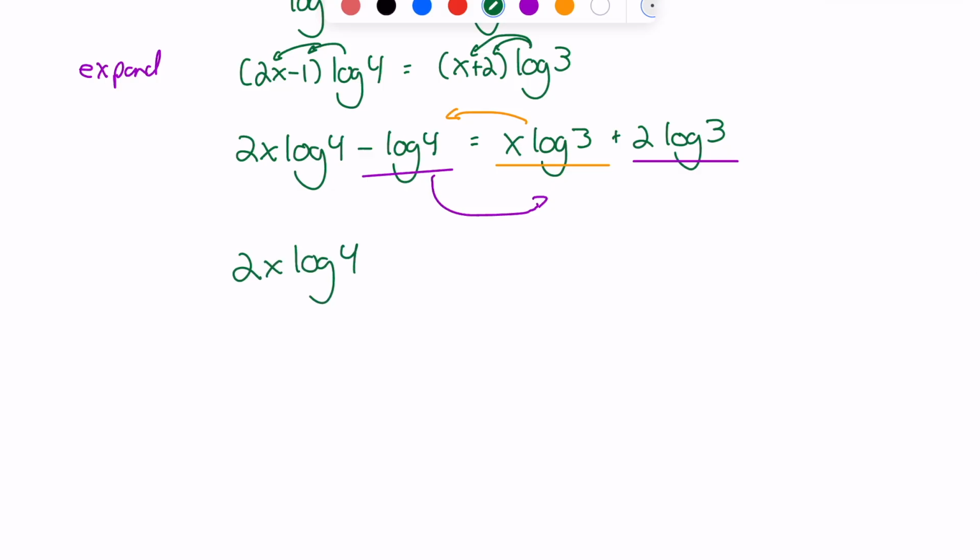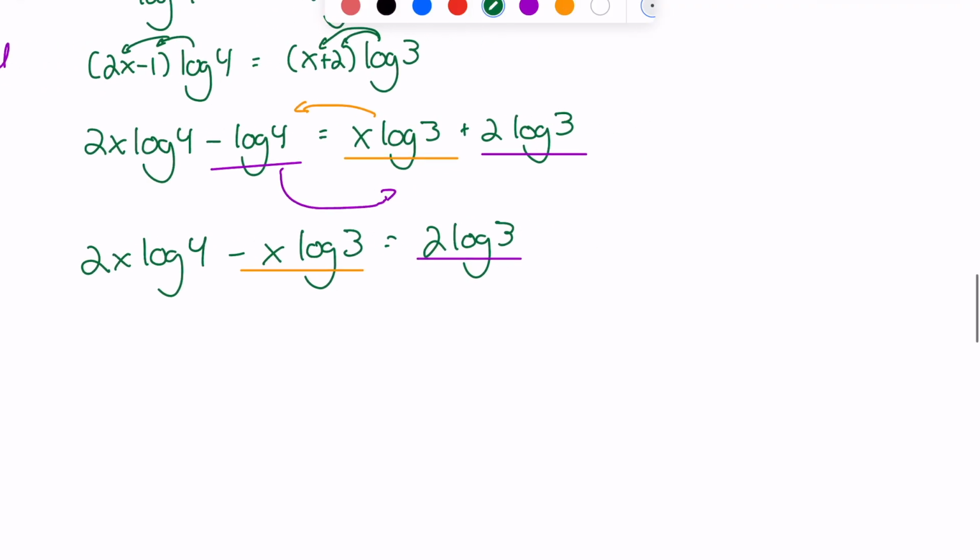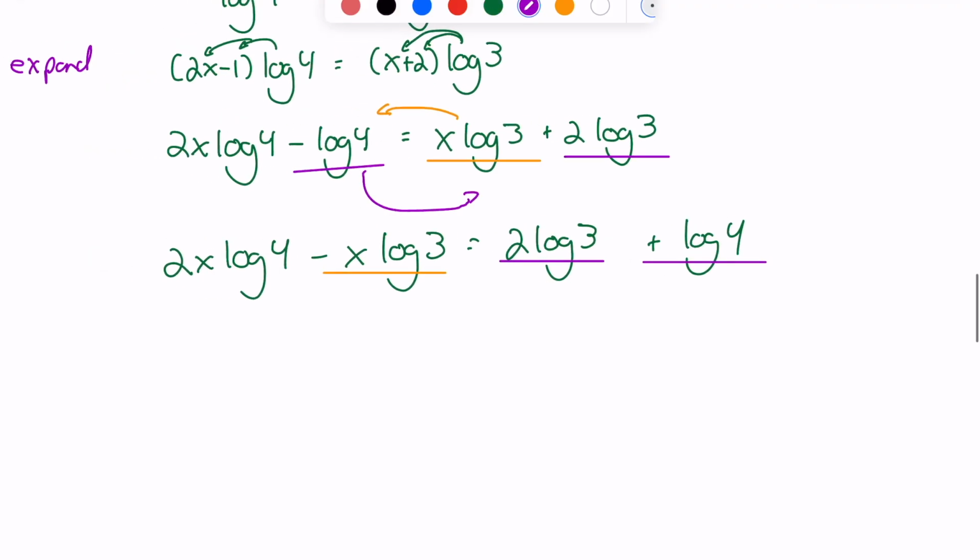Once I bring that x log 3 over, I get negative x log 3 equals, well, that 2 log 3 stays there, right? So that is that, and that, just so you can keep track of where things are going. And then I had the plus log 4. Okay, I'll just pause there for a second just so you can see where I brought things over.